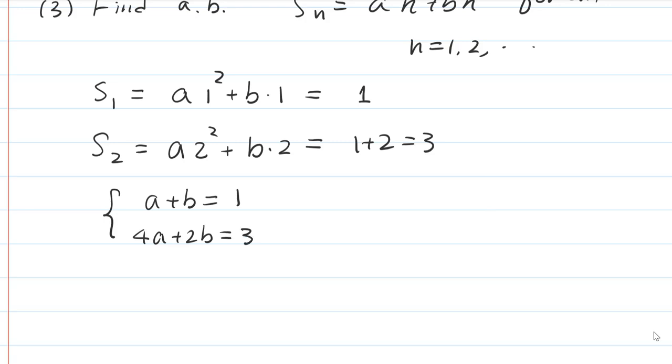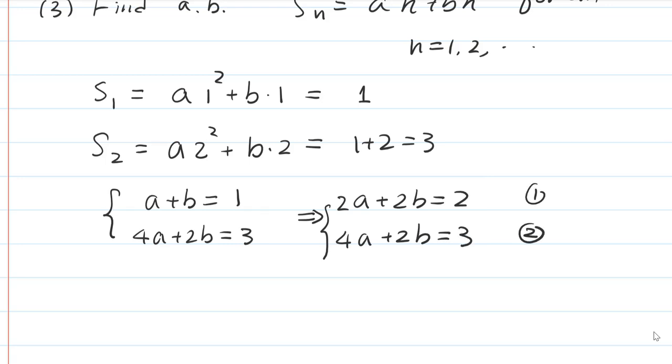In general, we can use Gaussian elimination to solve this. But for this one, we can easily see a rather simple way to solve it. It's the same idea as Gaussian elimination. We multiply the first equation by 2 because we have 2b in the second equation. Then we take the second equation minus the first one, and we have 2a is equal to 1, so a is equal to 1/2.